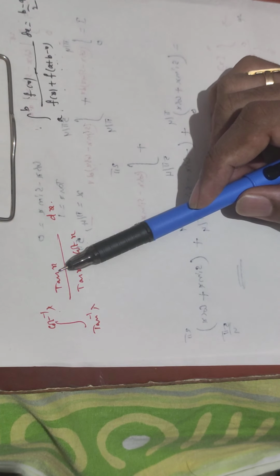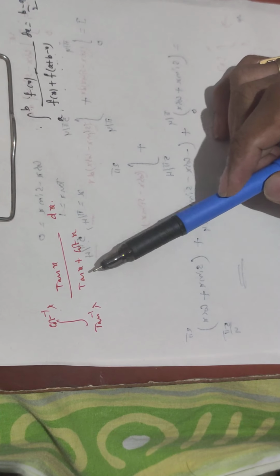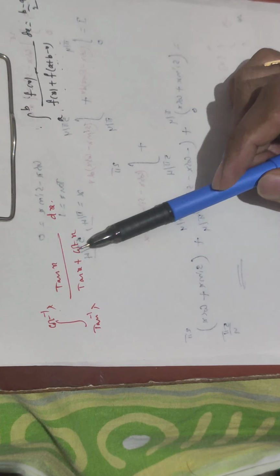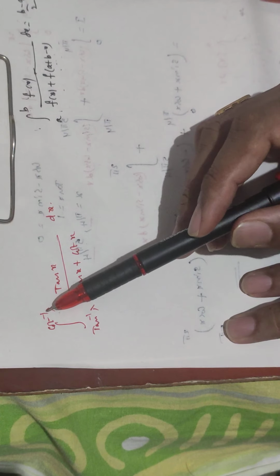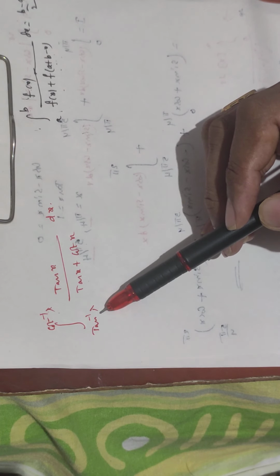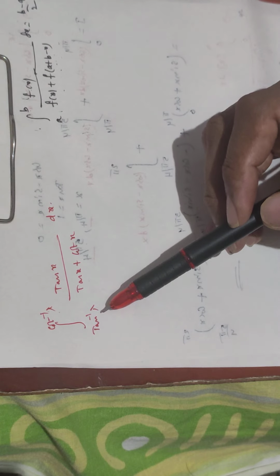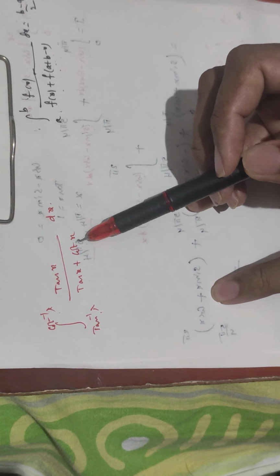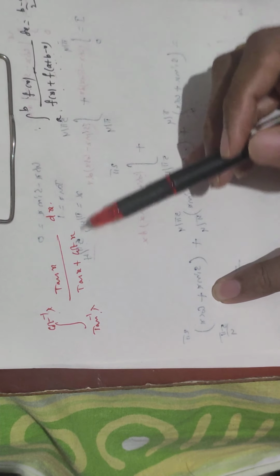A function, this is the function, by same function plus cot is there. Actually, what is f of a plus b minus x here? What is a plus b value? Cot inverse lambda plus tan inverse lambda. Cot inverse x plus tan inverse x, that is pi by 2. So pi by 2 minus x, tan of pi by 2 minus x, that is cot x.